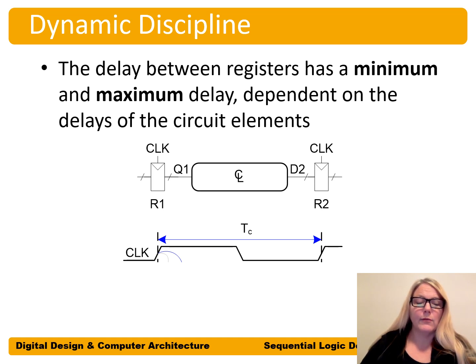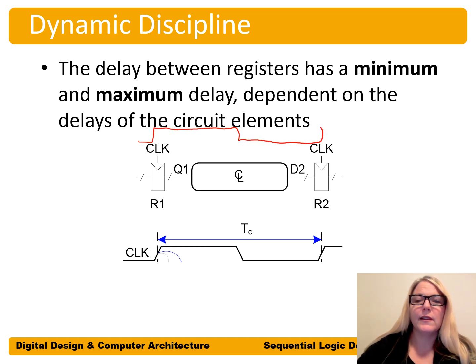So let's suppose we have a clock edge. So we get a clock edge here. When is the next time we can sample, or get a rising edge on this clock? Well, we have to allow this signal, the signal is going to pass through, come out of register 1 and then go through the combinational logic and finally get put into the internal node of register 2.